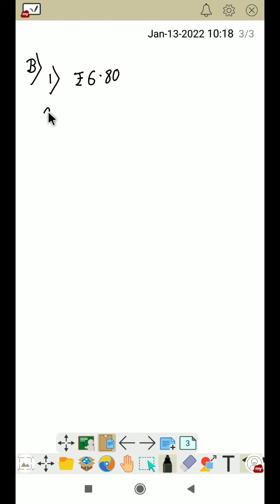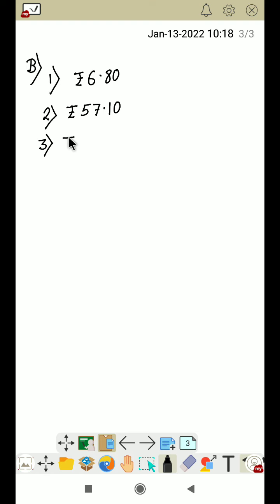Now go to the next one, question number 2. Question number 2 is 57 rupees 10 paise. So give the rupees sign, 57 rupees, then after the point, 10. Now go to the next, question number 3. Question number 3 is 25 rupees 65 paise.